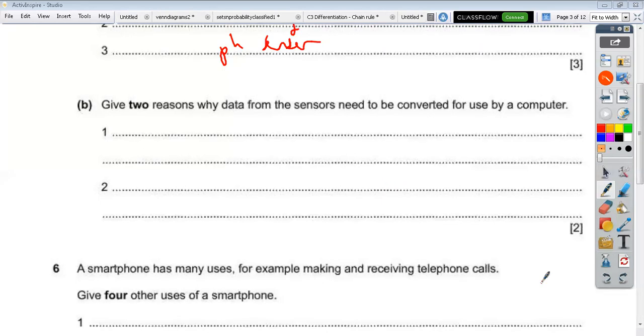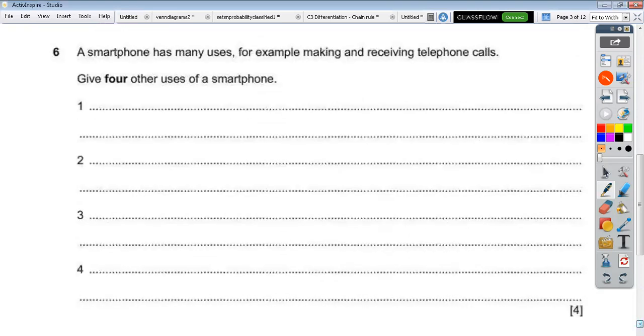We talked about it, and we gave so many scenarios, but no one was able to answer them. Give 4 other uses of smartphones. Tell us the uses of smartphones, you know them. You all have smartphones. What are the uses, besides making and receiving calls? Uses of smartphones?